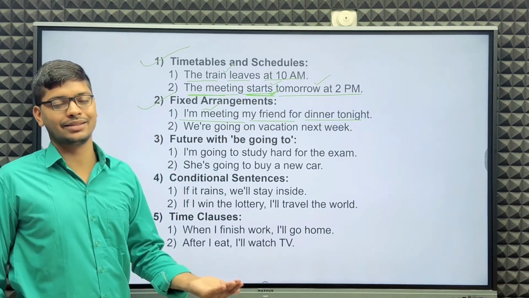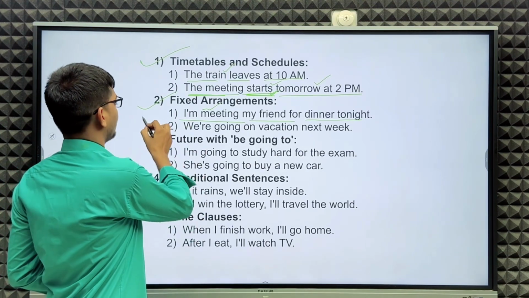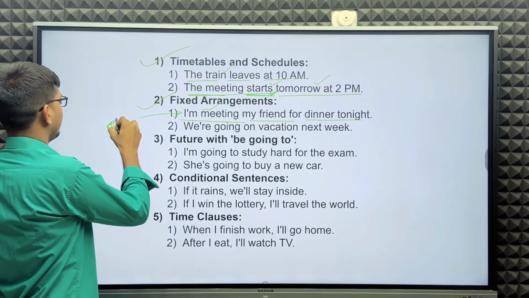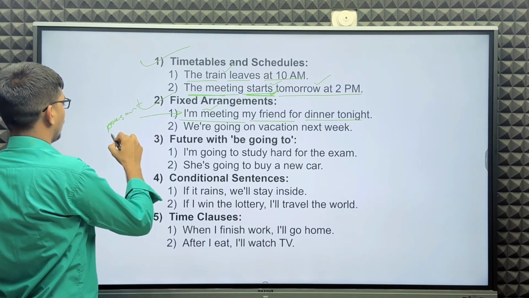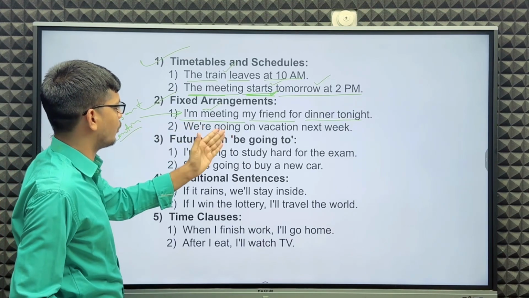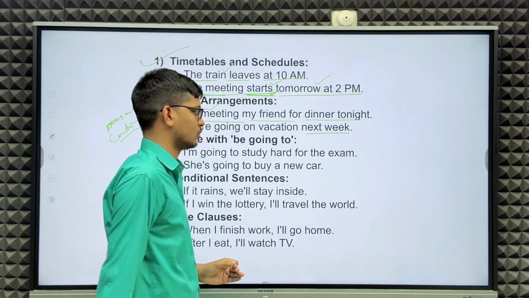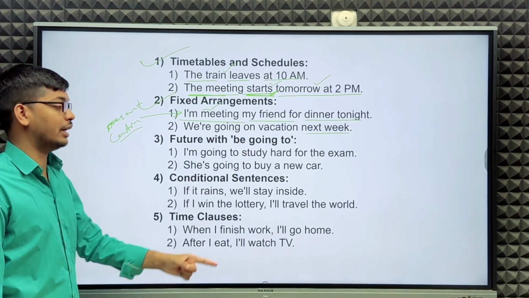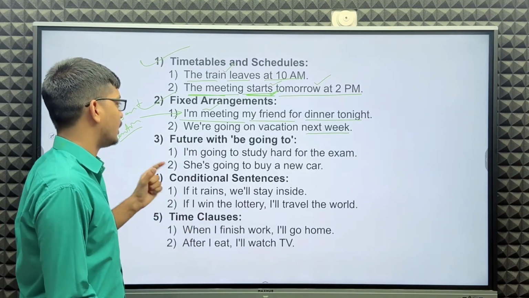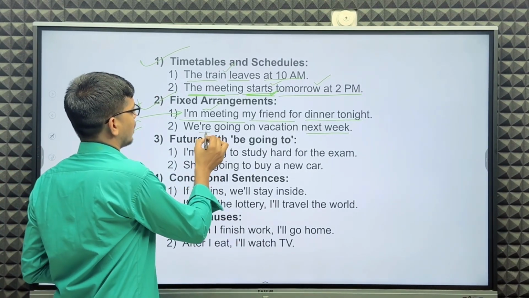So for a fixed arrangement we use the present tense. This is the present continuous. We are going on vacation next week. Next week is a future time, but we can use the present tense.